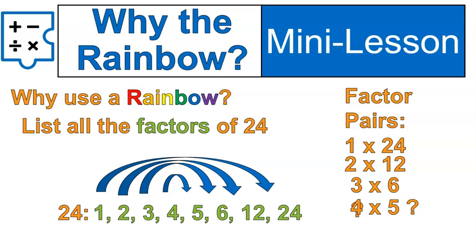So I need to change a couple of things. And when I change them, I get 3 times 8 is 24, and 4 times 6 is 24, which looks a lot better. Again, this factor rainbow gave me the tools I needed to find all of the factors. And it was a good way to check as I was going, because I'm checking all those factor pairs.